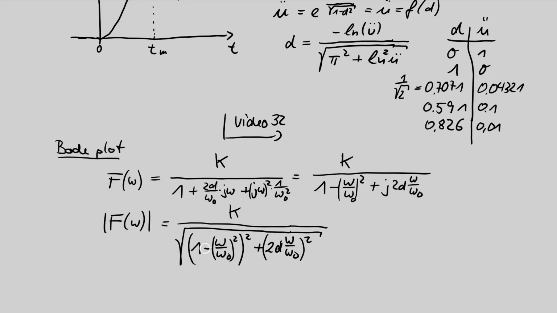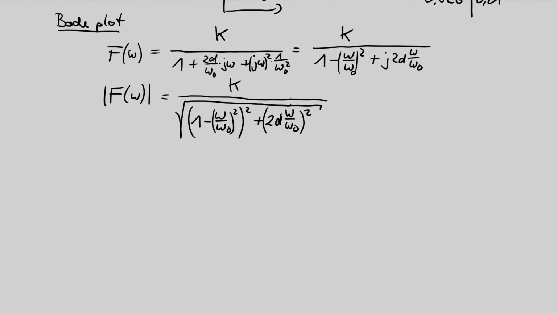gives the magnitude curve of my PT2 behavior. You see the real part could be positive for small frequencies, or negative for large frequencies. If omega is larger than omega naught, then the real part is negative. For my magnitude, this doesn't play a role. It's still squared. The analysis of this curve can be done manually.